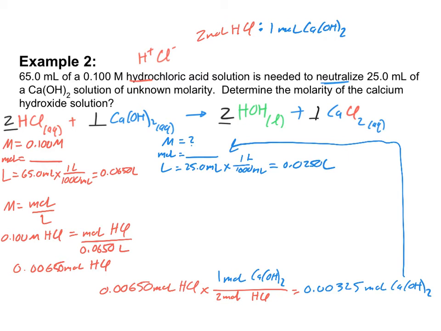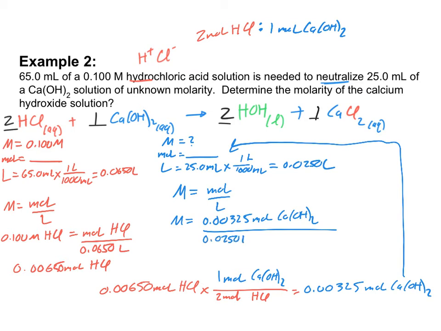So now I can determine the molarity because that's what the problem is asking me to do. So molarity is equal to moles over liters. Molarity is equal to 0.00325 moles of Ca(OH)2 over the volume, which we just decided above was 0.0250 liters.